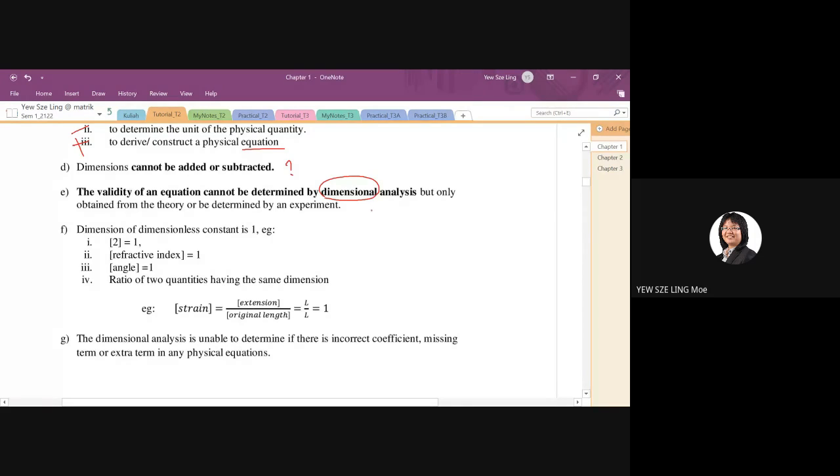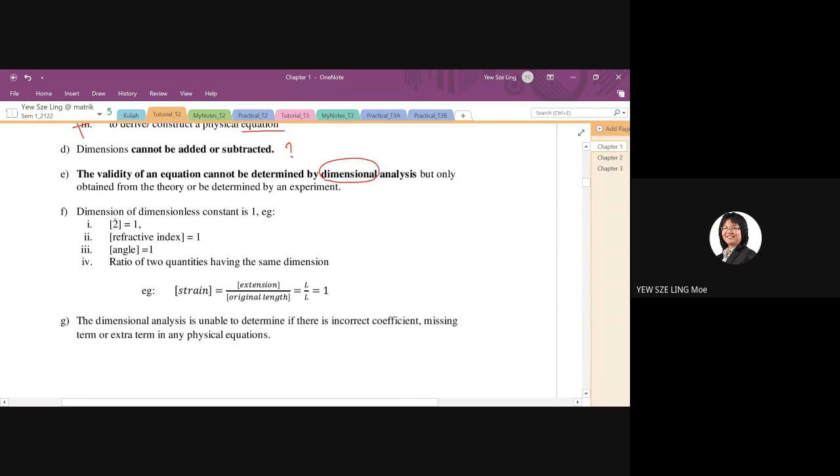If it is the same, then you say it is dimensionally correct. But if the question asks you whether the equation is correct or not, you cannot answer that question.